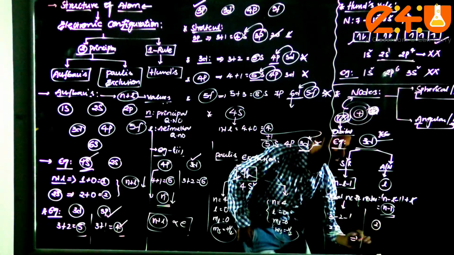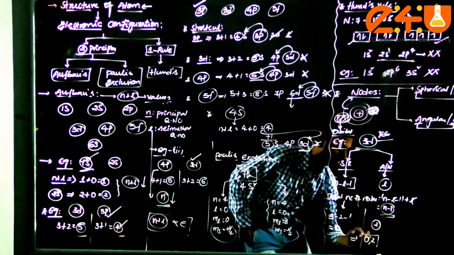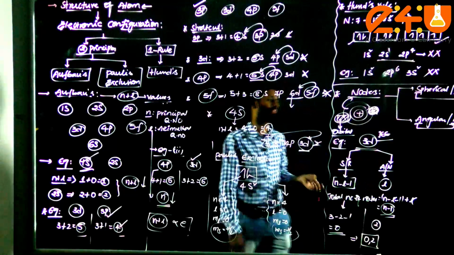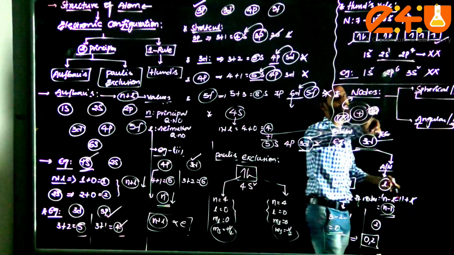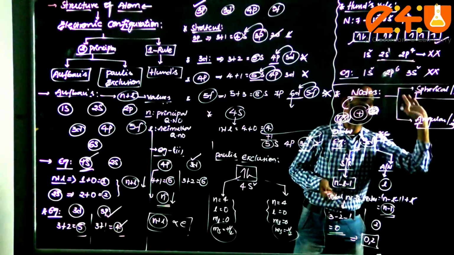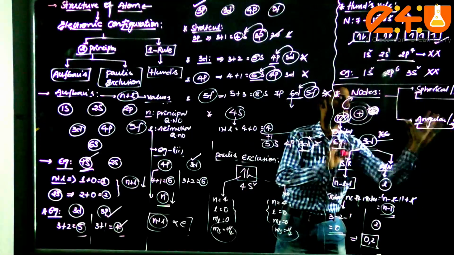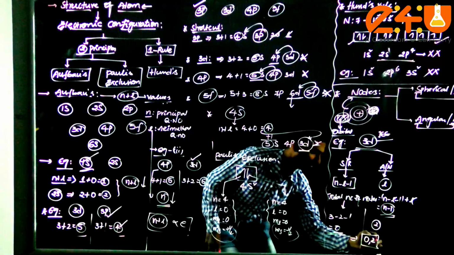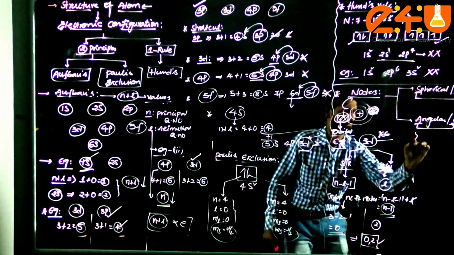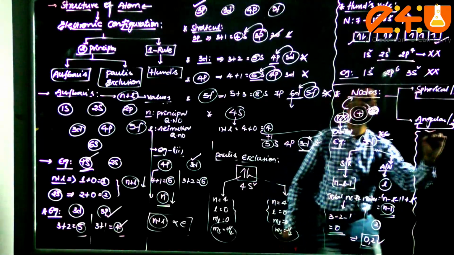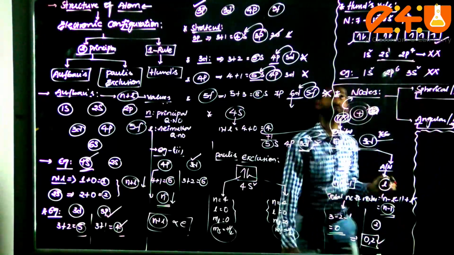Now what is the answer, my dear students? 0 comma 2 is the answer. Within fractions of seconds you can do it. Sometimes we get confused, radial sometimes, nodal sometimes, no problem. Both are the same. What is the answer here? 0 comma 2 respectively. This is a very, very important shortcut we have to remember in structure of atom.